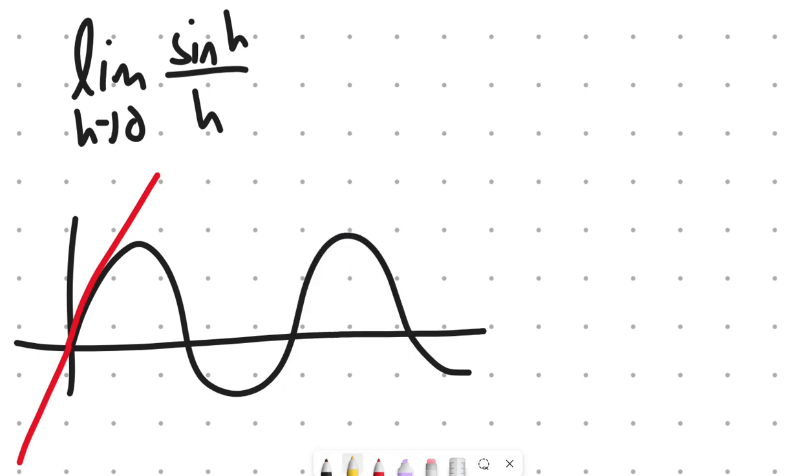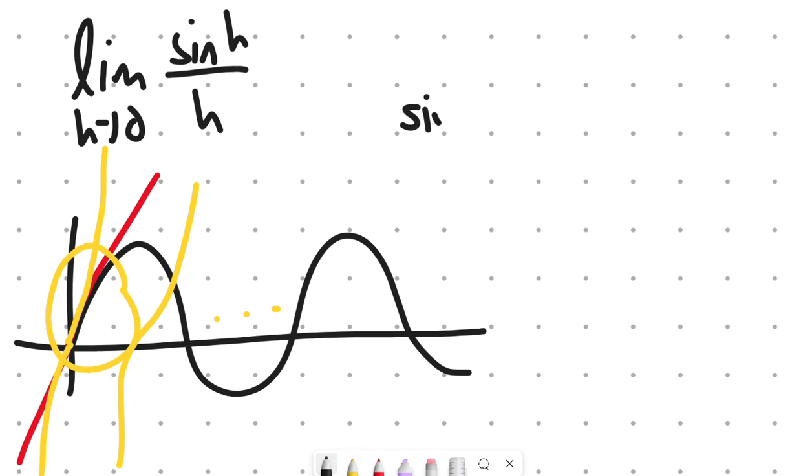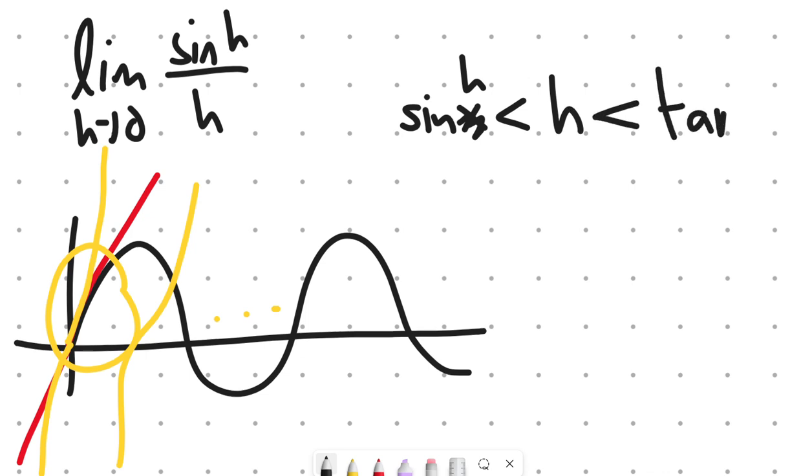Let's take another color. So you go up like this, go down like this, and then repeat itself again and again. But we can see for small values of h that sine of h is smaller than h, and h is smaller than tangent of h.